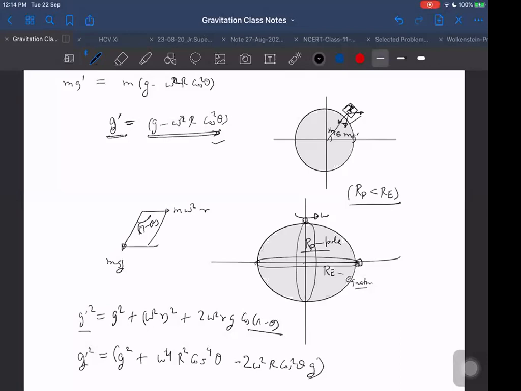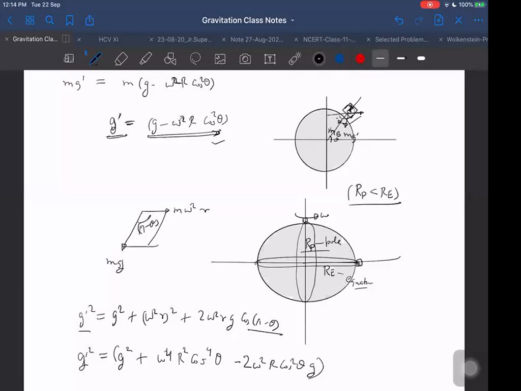So fine, this is m omega square r, this is mg, this is theta, pi minus theta. Then we are getting the same only, right? M omega square r is r cos theta only. But why are we getting the same data? I'm not understanding.